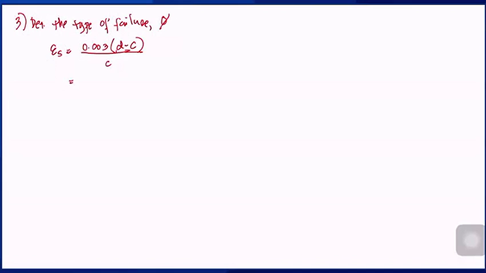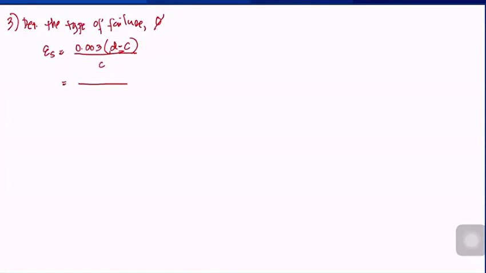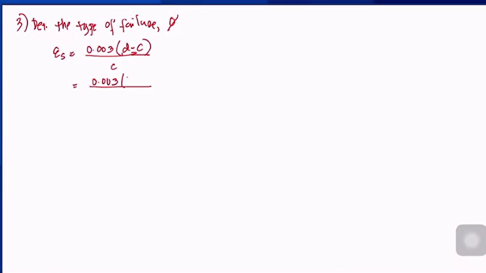So 0.003 times 380 minus the value of your alpha over beta 1, divided by alpha over beta 1.